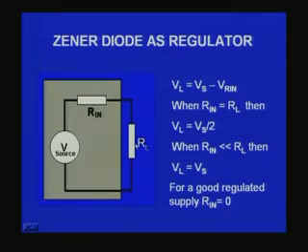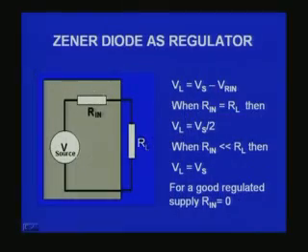So, if I want good regulation, what should be the effect? You can immediately see, if I make the value of Rin 0 or as small as possible, then the voltage drop which comes about because of Rin will become less or almost 0. In that situation you would find almost the entire voltage will be available across RL.